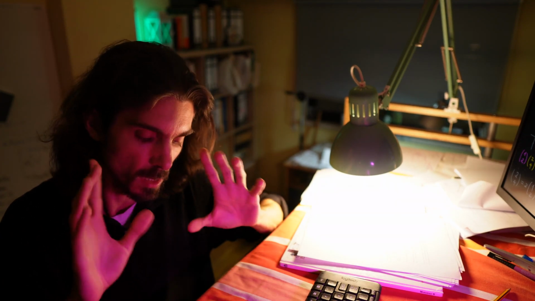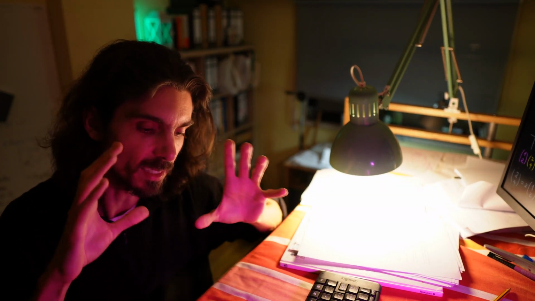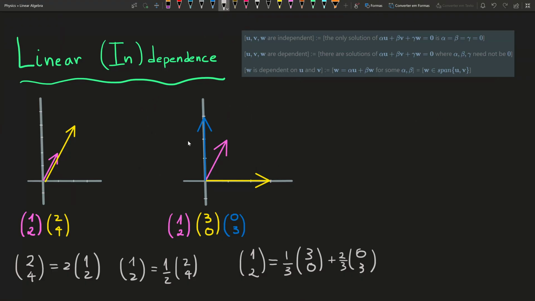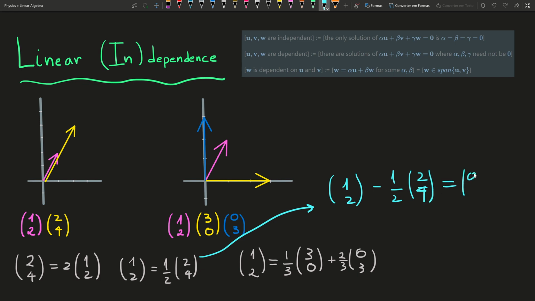But now I'm going to look at the same idea of dependence from a different perspective. And that different perspective involves rewriting these two formulas. Let me write this formula in another manner. (1, 2) minus 1/2 of (2, 4) is equal to (0, 0).